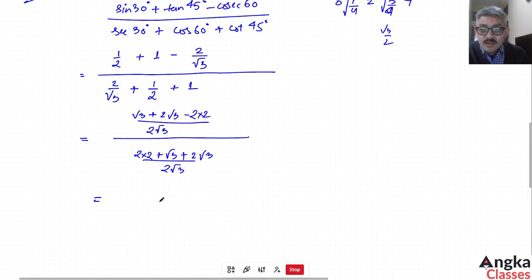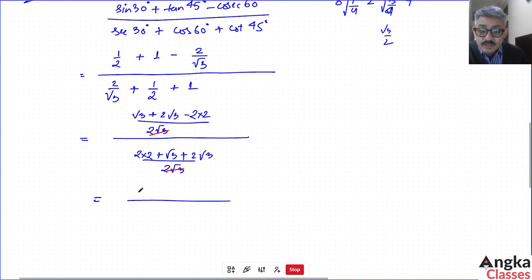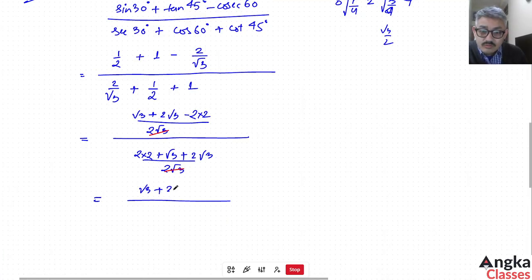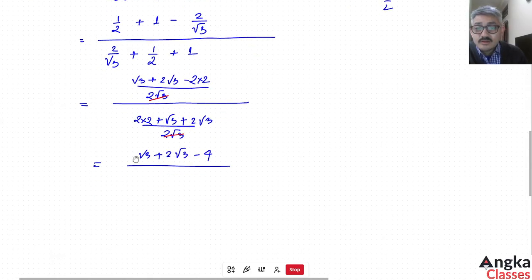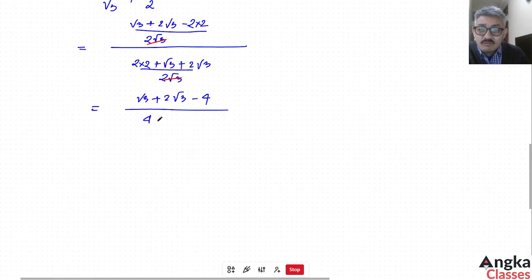Now, see, the 2 root 3 in the numerator and denominator cancel out. So we have root 3 plus 2 root 3 minus 4. Similarly, 4 plus root 3 plus 2 root 3.